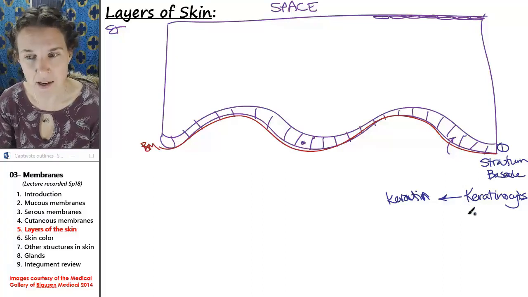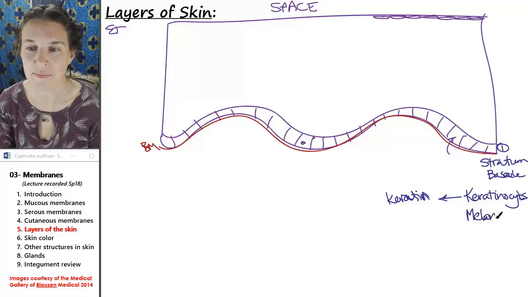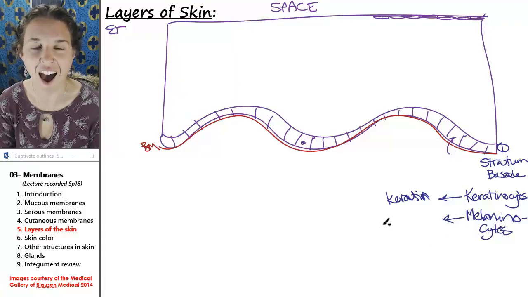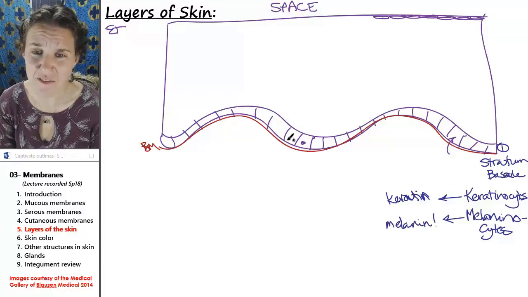Some of the cells are melanocytes. What do you think those guys are producing? They're producing melanin. You can imagine that sprinkled in here are these melanocytes. And melanocytes are super cool.